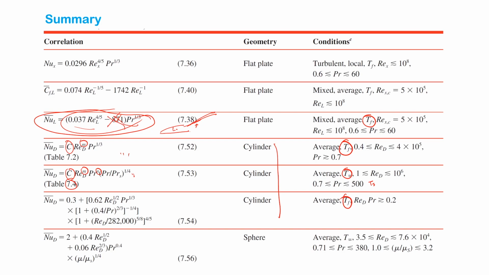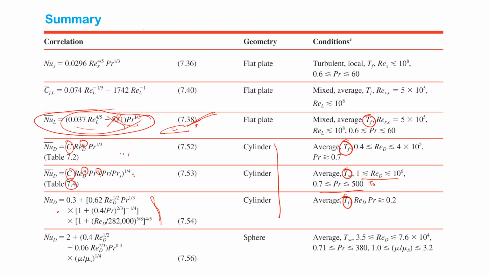Just make sure that the validity range is valid for your system. Okay, and this equation here doesn't require any table, but it's more complicated. You can use this if you like. If you are using a calculator to program, this may be easier to program because it will not need an input from the table.